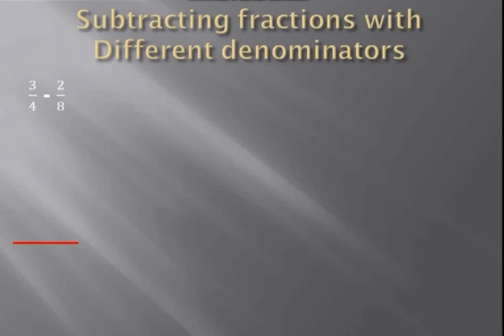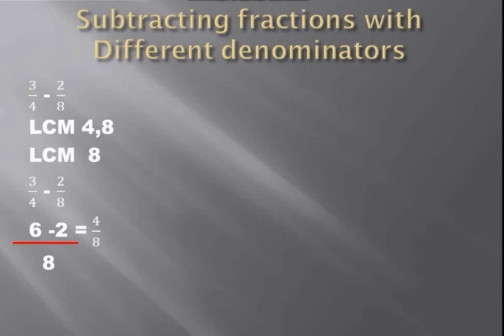3/4 minus 2/8 is equal to, first you find the lowest common multiple, and the lowest common multiple of 4 and 8 is 8. Write back the equation, draw your line, write 8 as the lowest common multiple, then you solve. 4 into 8 goes 2 times. You times the 3 by 2 and it will give you 6.